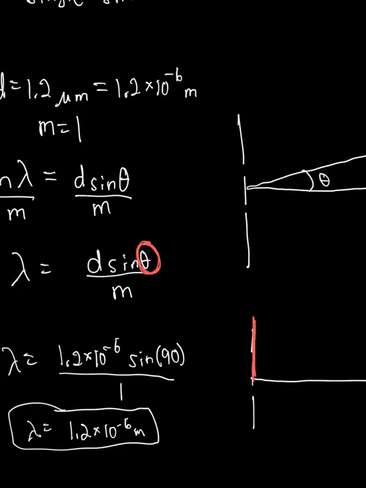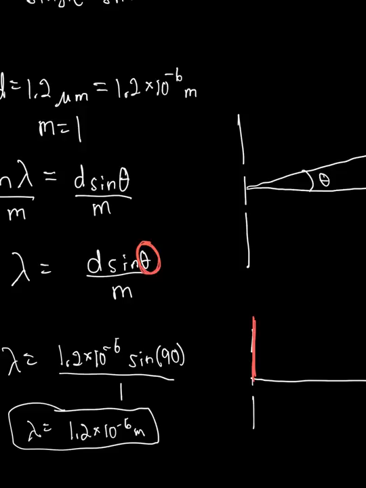So now we know to find the maximum wavelength, you plug in the angle is going to be 90. And that will work generally for any. So I can give you different slit sizes, I can give you different orders, but the maximum could be a number.